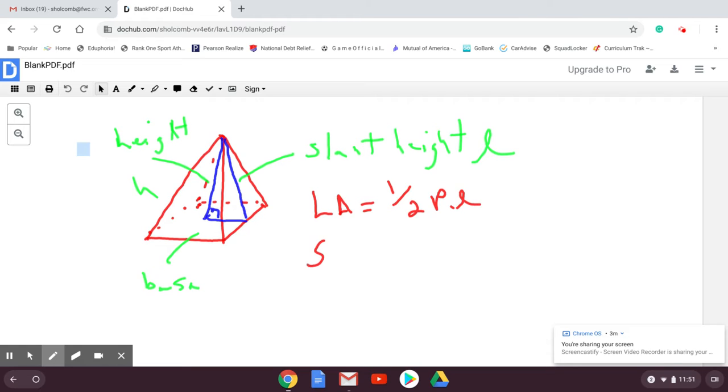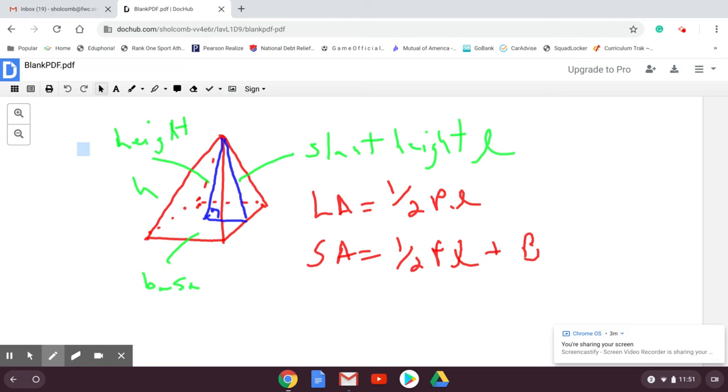The surface area is going to be the same, 1/2 the perimeter of the base times the slant height, plus you have to add a single base. So unlike a prism, which adds plus 2b, this one only adds plus b.